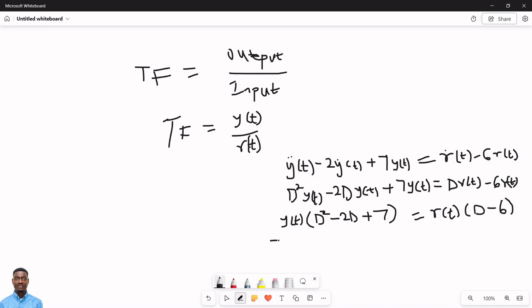So the TF, which is the transfer function, is y of t over r of t.